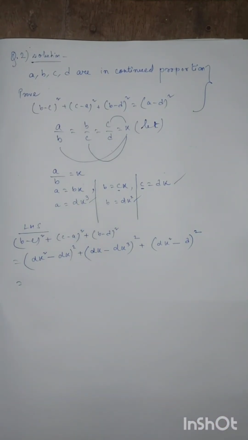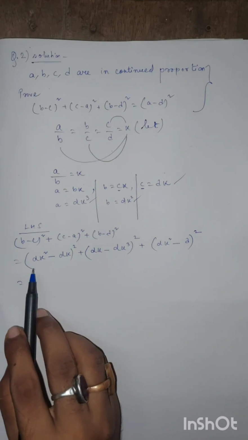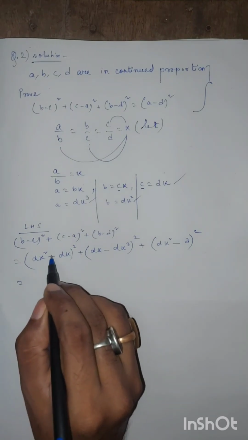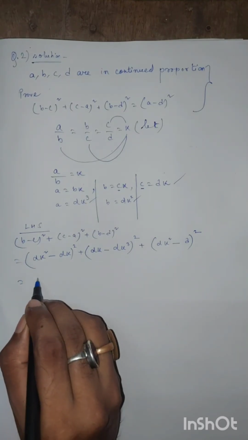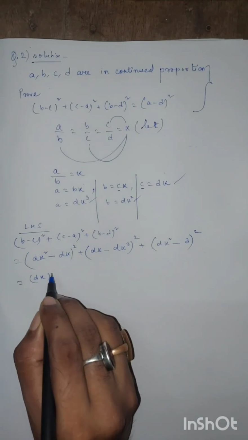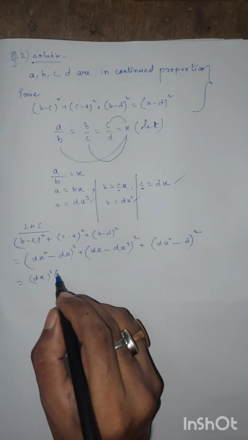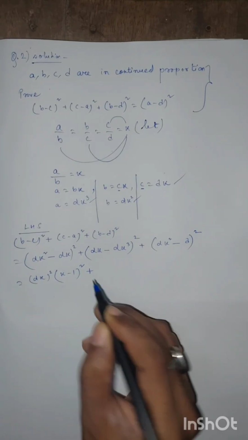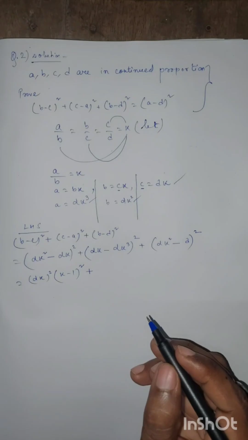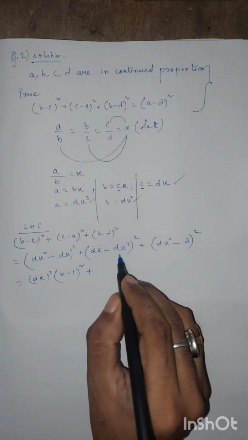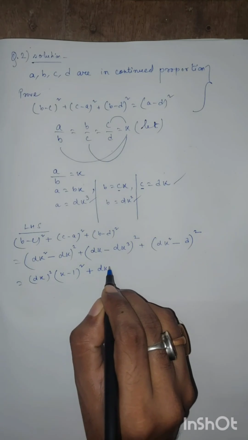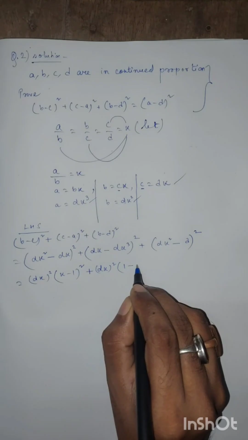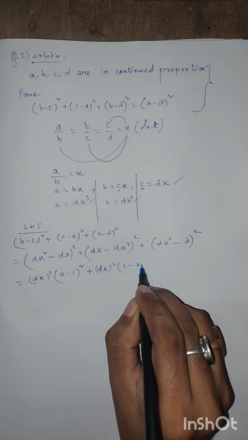Now we can take dk common. So when dk comes outside the bracket, it becomes dk whole square, and inside the bracket k minus 1 whole square plus, if we take dk common, it becomes dk square outside the bracket, and within the bracket it is 1 minus k square.